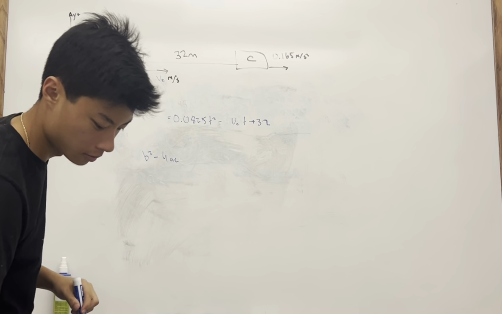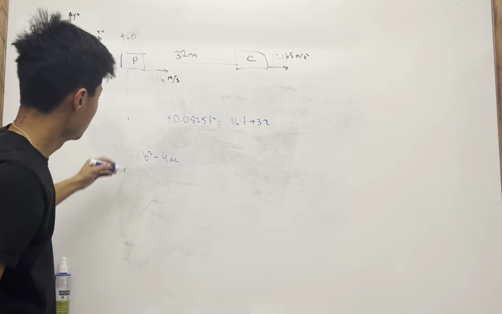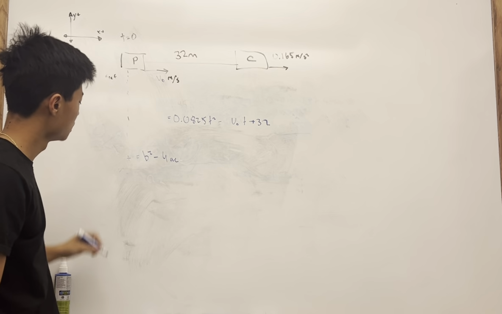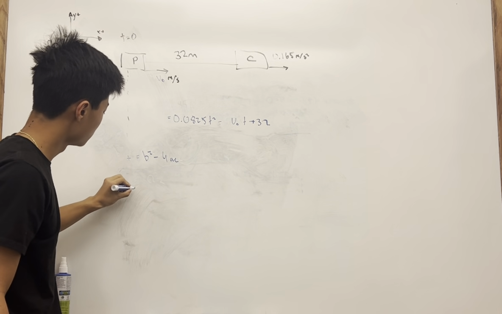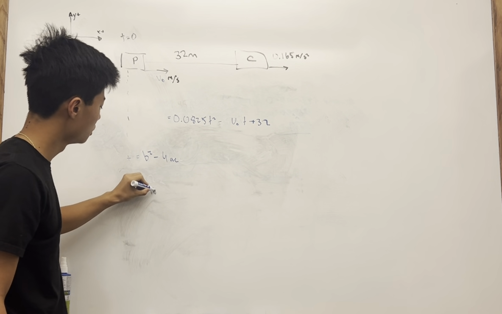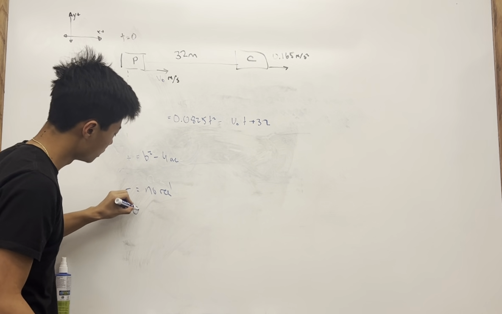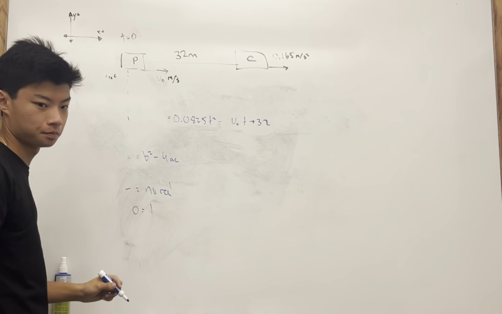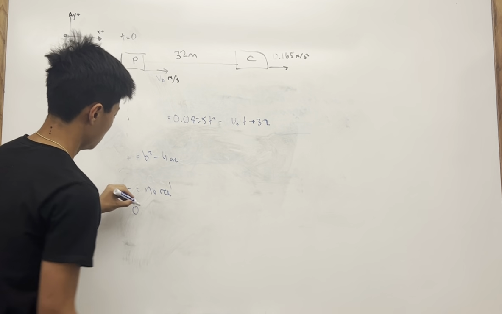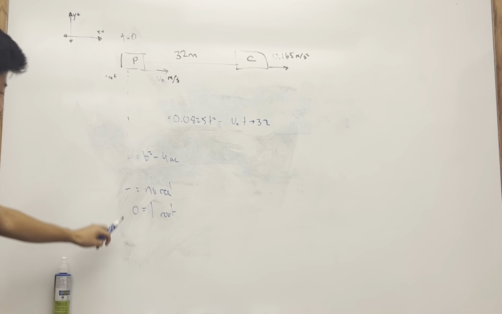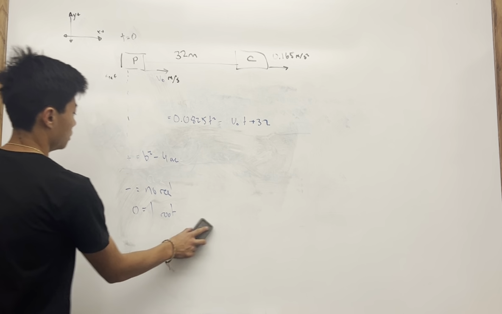Now, how does the discriminant help us? If the discriminant is positive, then we know it has two roots. If it's negative, it has no real roots. If it's 0 though, it only has one. So that does it, one root. So we want this to equal 0.